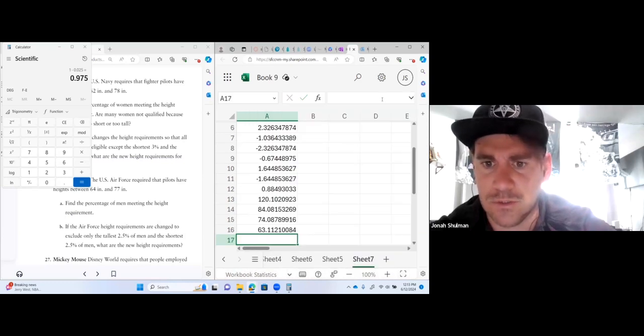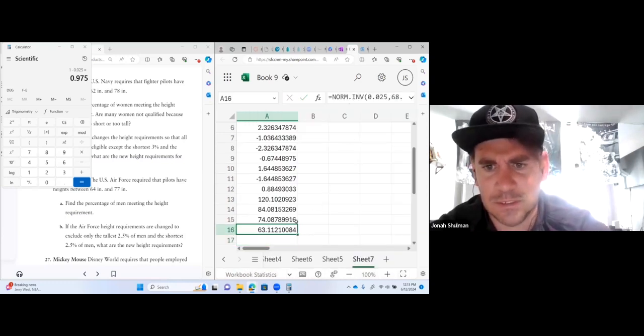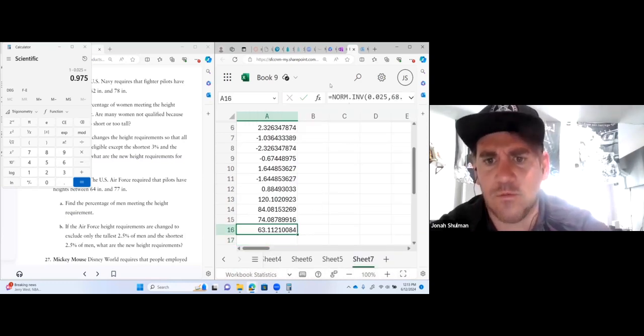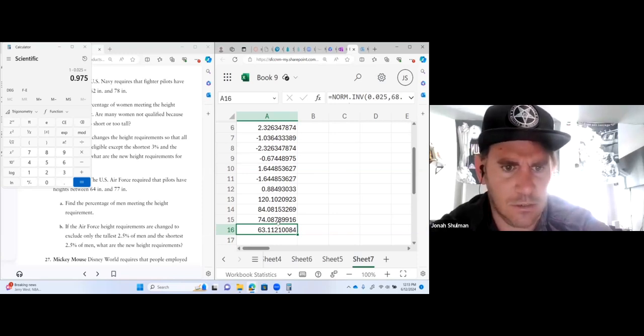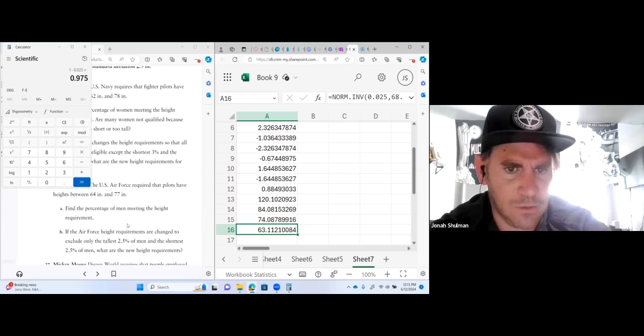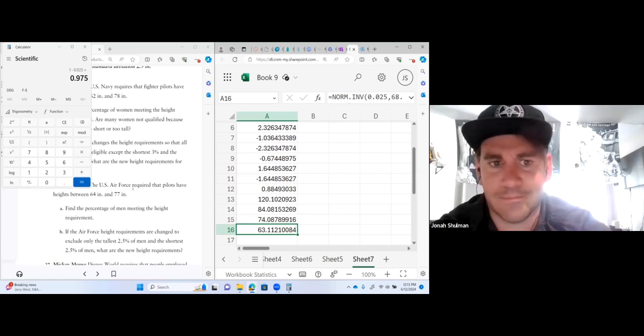Those are the two ranges. It's going to be between 63.1 and 74.1. So the smallest guys, you've got to be taller than 63.1 and shorter than 74. See, it changed. If they changed it to just exclude the 2.5% on either end, you can't be super tall.